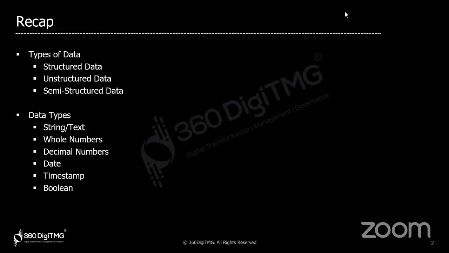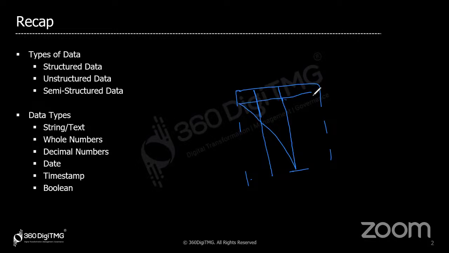And when data is organized into rows and columns, yesterday there was some nomenclature. When data is organized into rows and columns, the columns are referred to as fields or attributes or columns simply. And the horizontal rows, they are called rows or records or tuples.